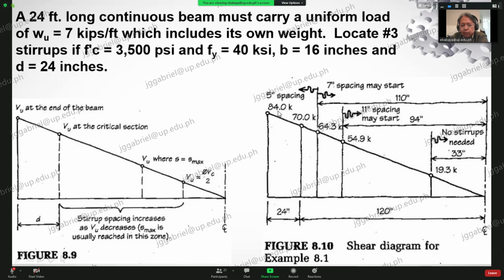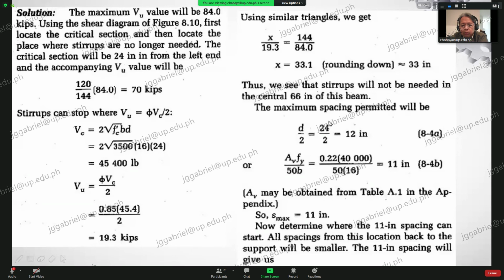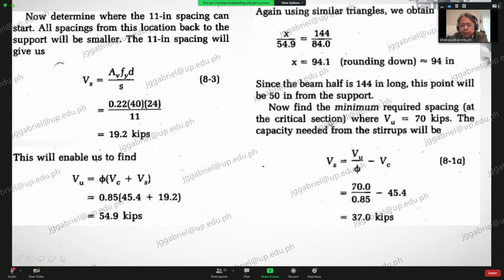The spacing here is 11 inches. Now, we will have to solve for the minimum spacing. Find the minimum required spacing at the critical section. So we have Vu of 70 kips. We consider Vs, the shear capacity due to the steel.